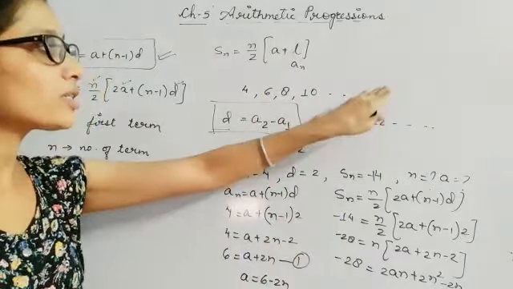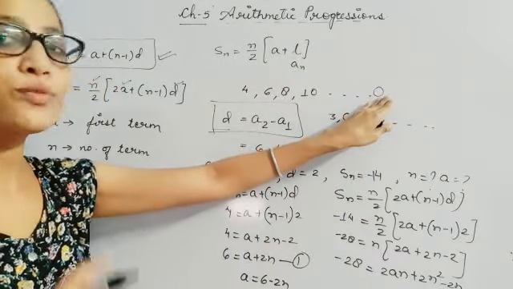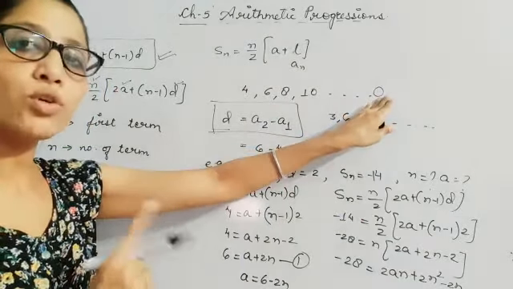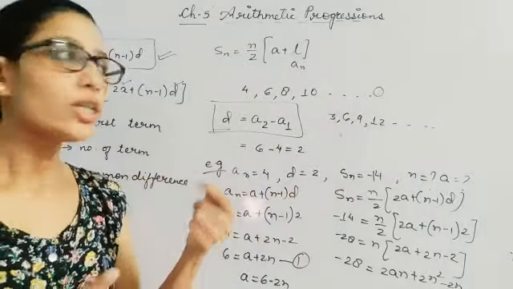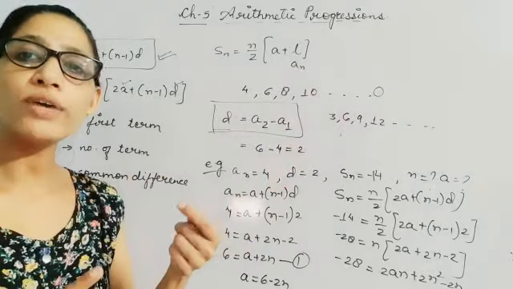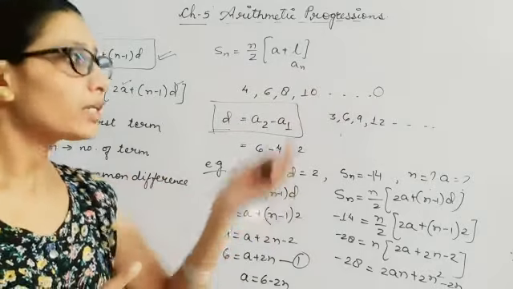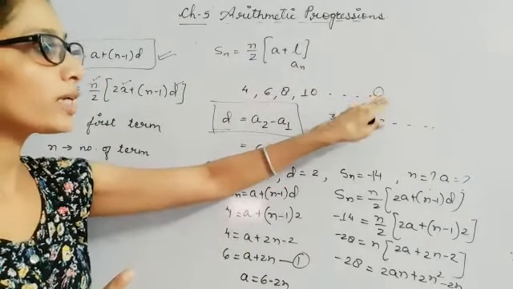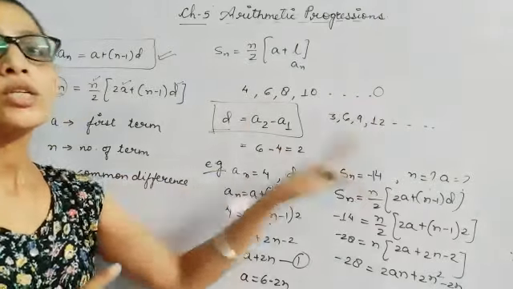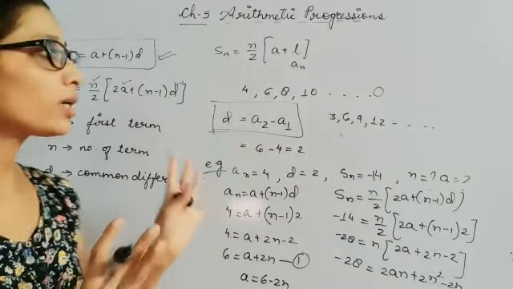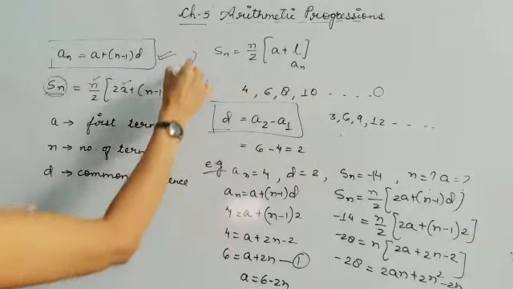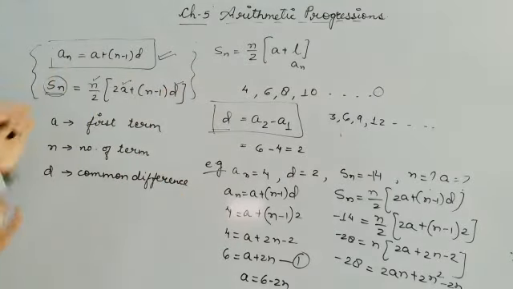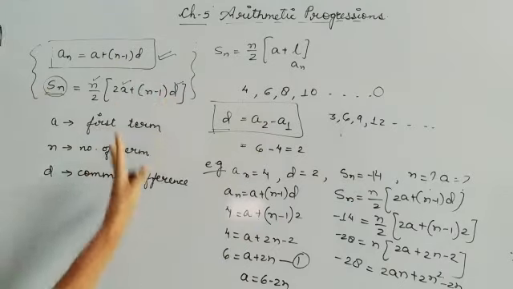So this is 0, that means the last term is neither negative nor positive, but after 0 the negative terms start. So whenever you are going to find the first negative term, you also need to take your last term as 0. Only these types of questions come in your boards. So just try to remember these two formulae for the complete chapter.